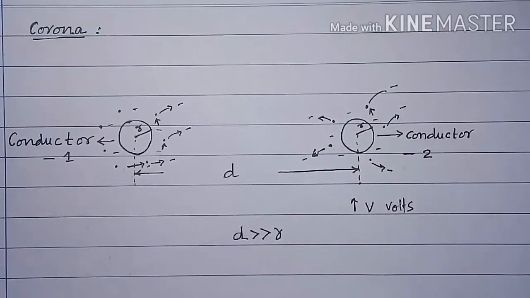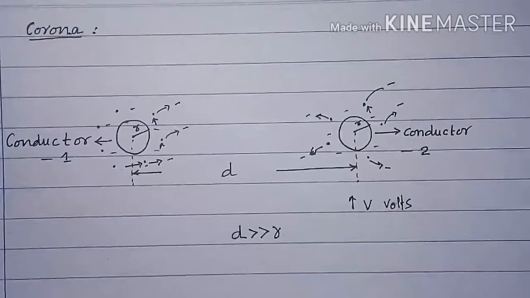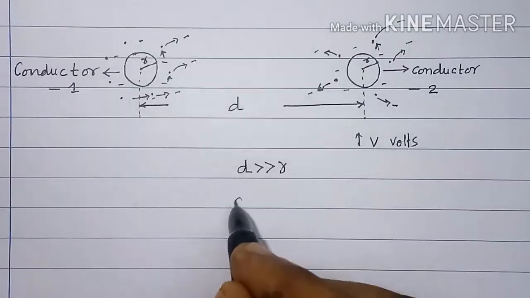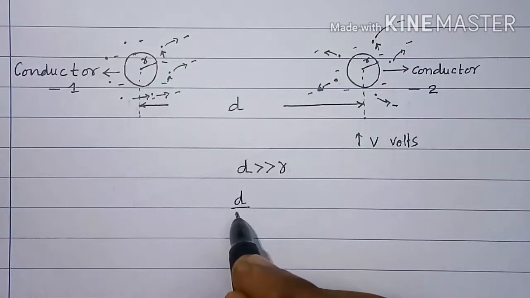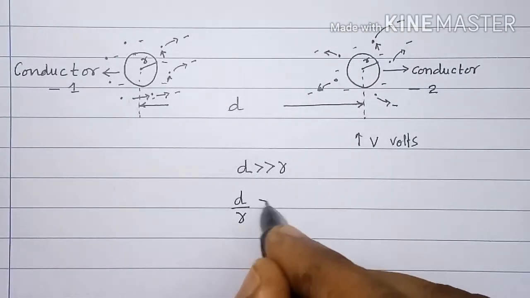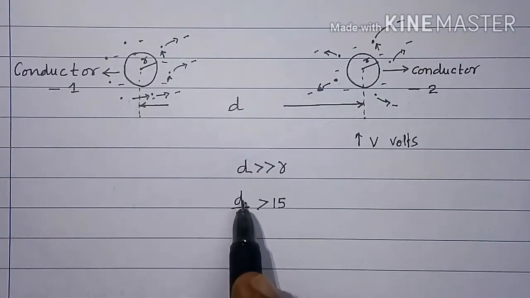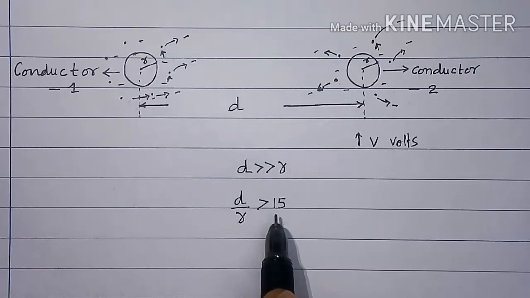In order to avoid this flashover, usually the spacing between the conductors is kept much larger than R, and the practice followed is D by R is greater than 15. That means the ratio of distance between two conductors to the radius of conductor is kept greater than 15.